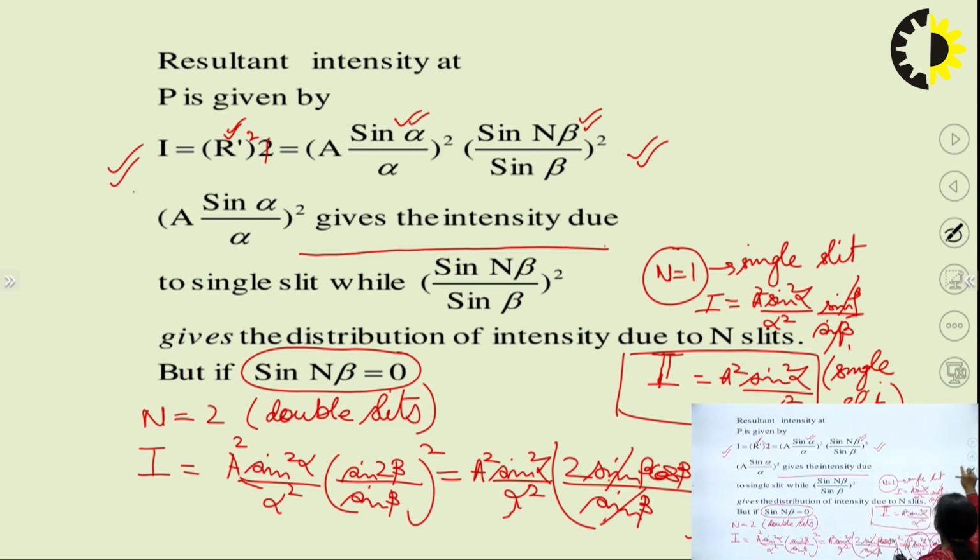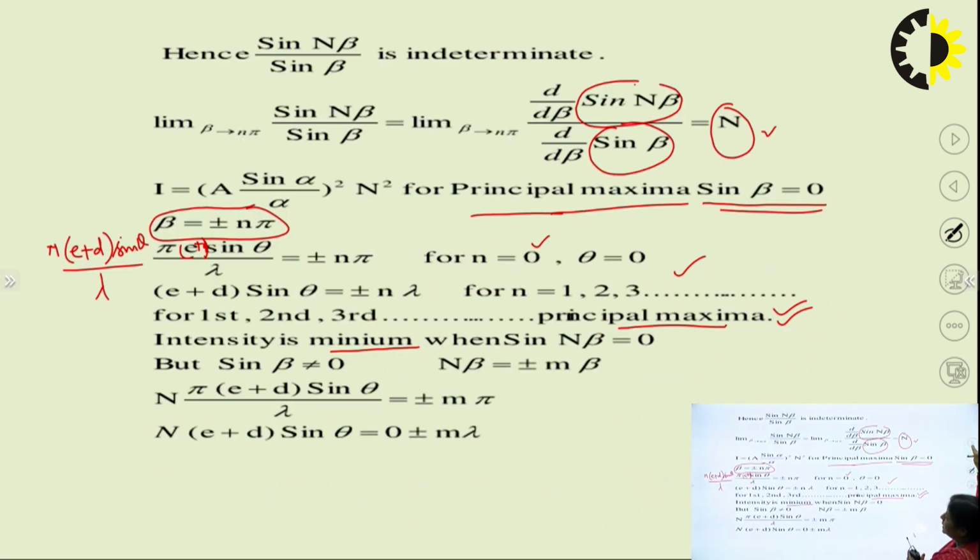All right, let us see how it will help us. So sine n beta equals 0. So when sine n beta equals 0, we can expect that the intensity is minimum.